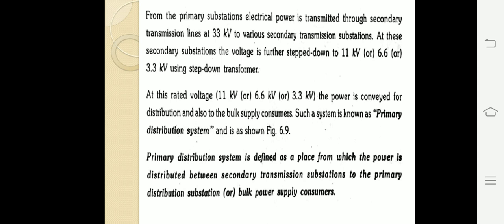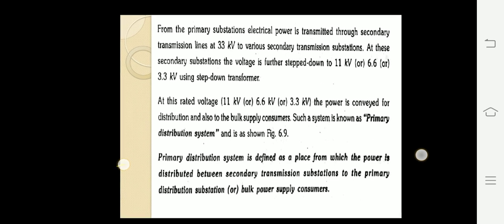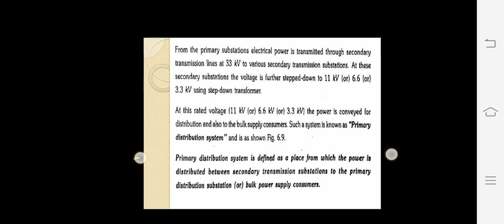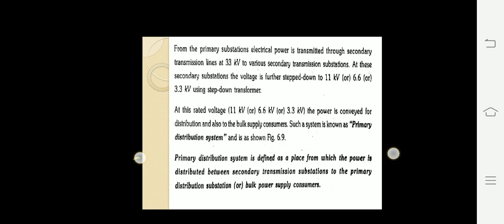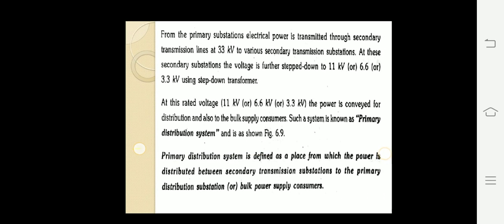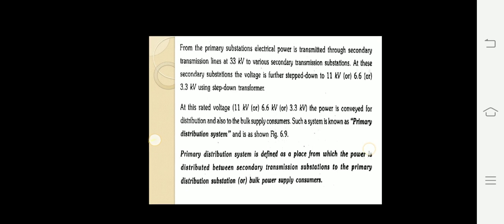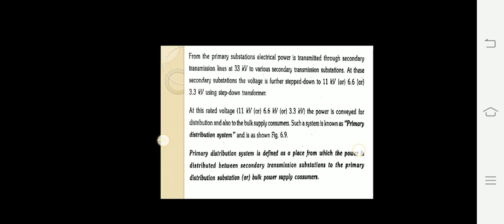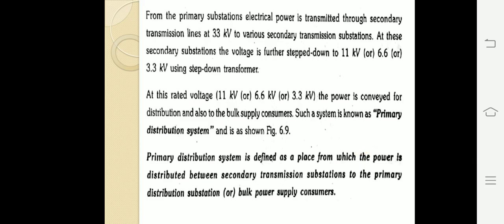So here is the definition of the primary distribution system. Listen, our primary distribution system is defined as the place from which the power is distributed between the secondary transmission substation and the primary distribution substation or bulk supply consumers.